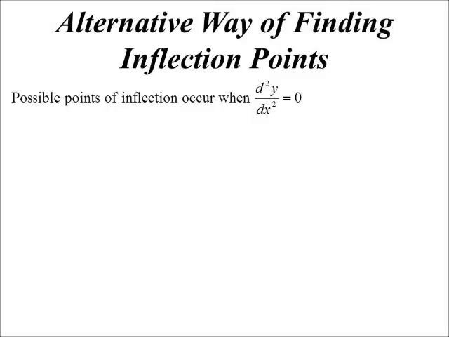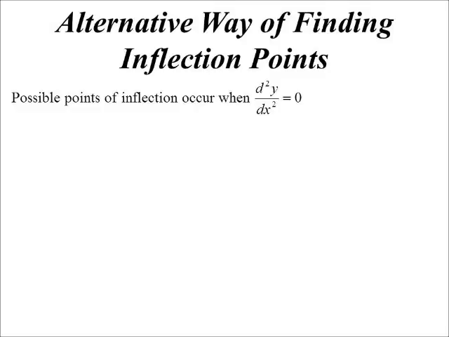You've still got to find your possibilities. But just like when we went from the first derivative to the second derivative, before I knew about the second derivative, I drew a table of values and tested either side. And then we said, but hang on, I can use the second derivative to measure the change in the first derivative.